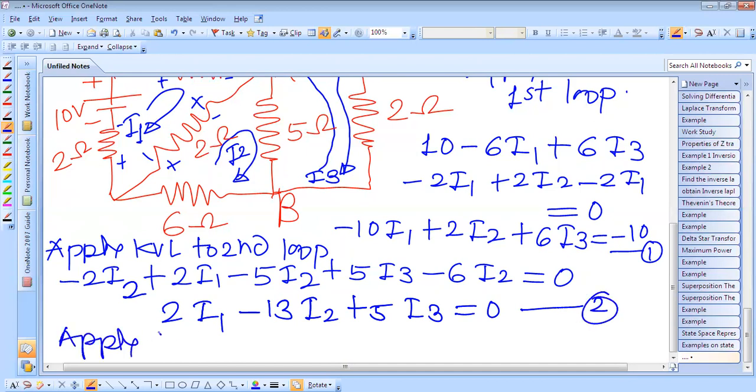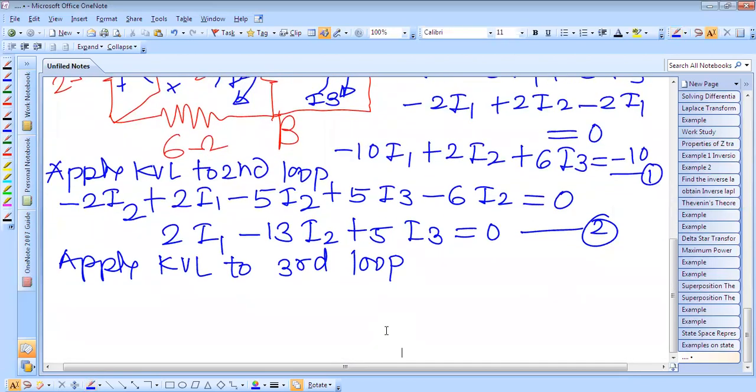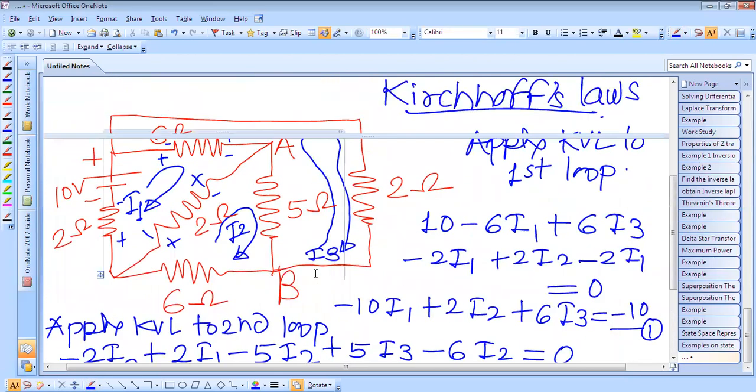Apply KVL to the third loop. Now the third loop is this. We have to move from this. There is a fall in potential because of this current, and a fall in potential because of this current. But at the same time, there is a rise in potential because of the I2 current.